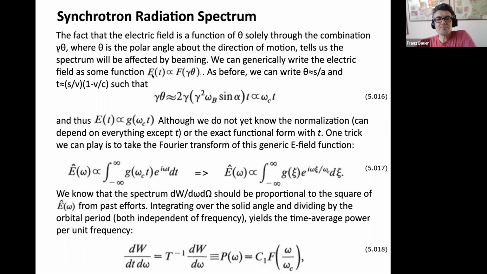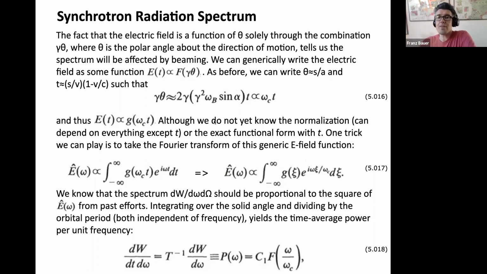And so this thing will then be a functional form of the cutoff frequency times time, and that allows us to understand how this thing is going to vary with time. So it's just going to be a function of this cutoff frequency and time itself, which is good.